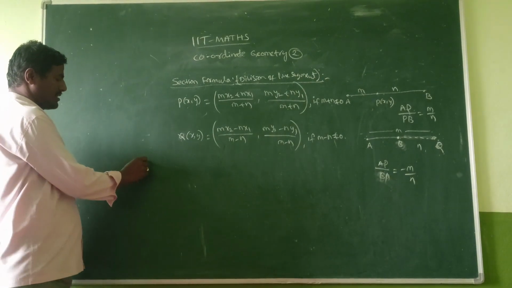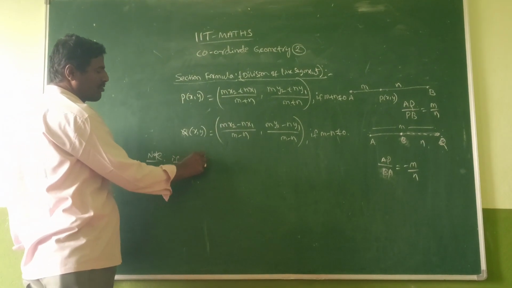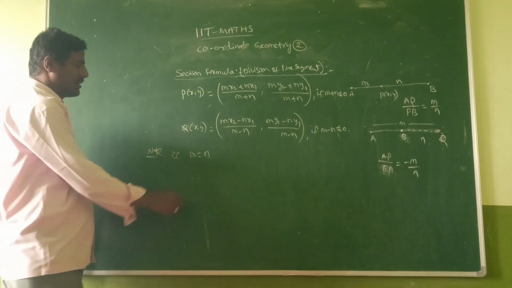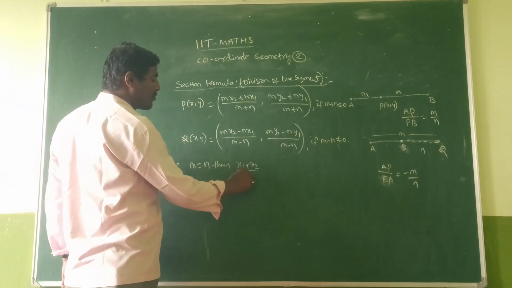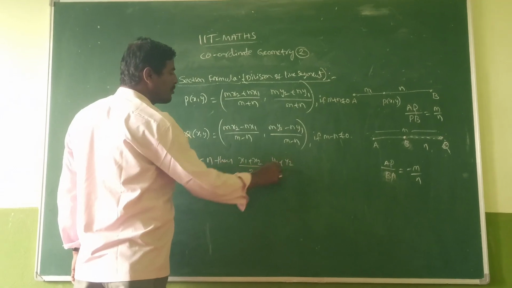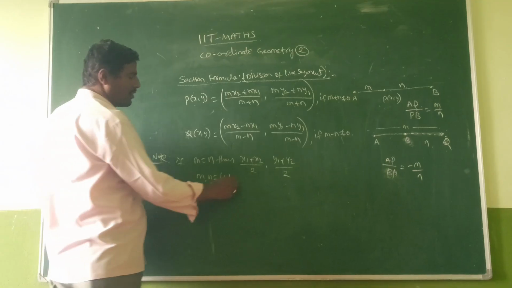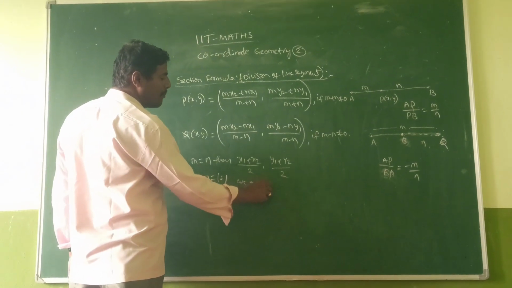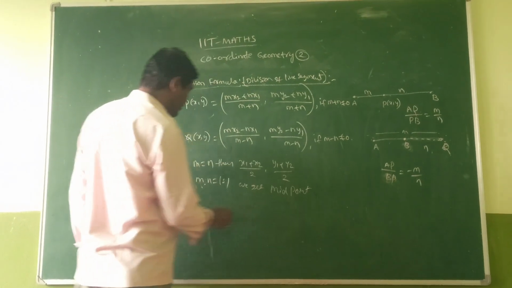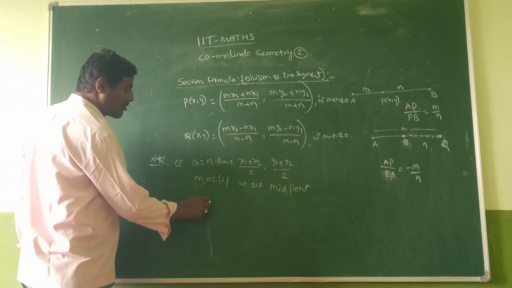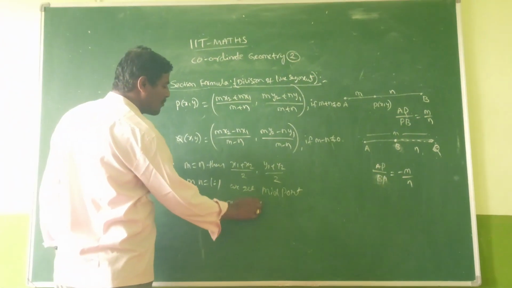As a special case, note: if m equals n, then what happens? We get (x1 plus x2) by 2, comma (y1 plus y2) by 2, since m is to n equals 1 is to 1. So we get the midpoint. The midpoint P(x, y) equals (x1 plus x2) by 2, (y1 plus y2) by 2.